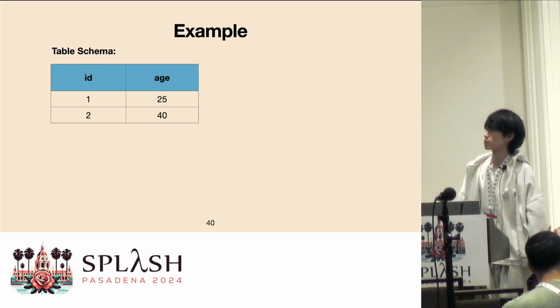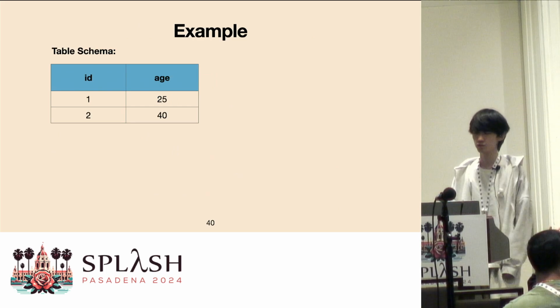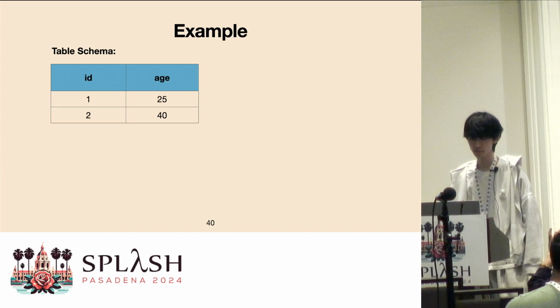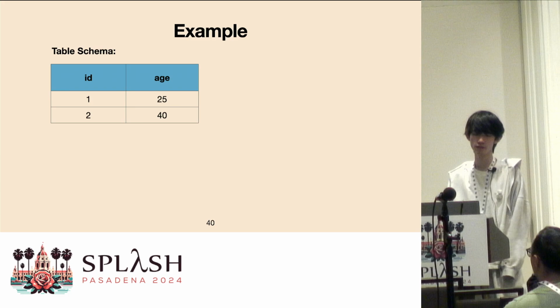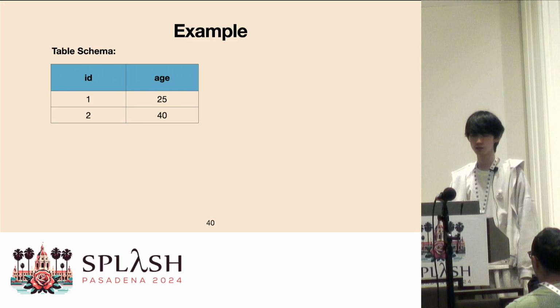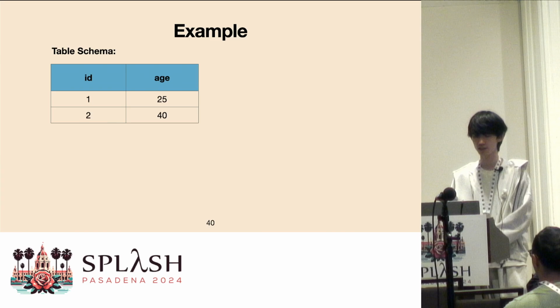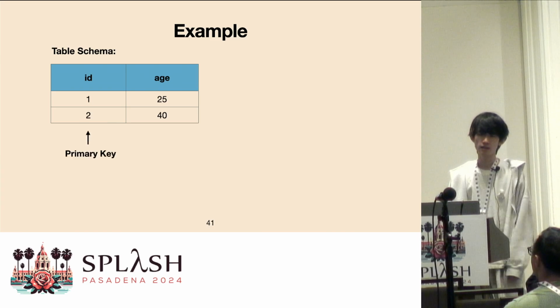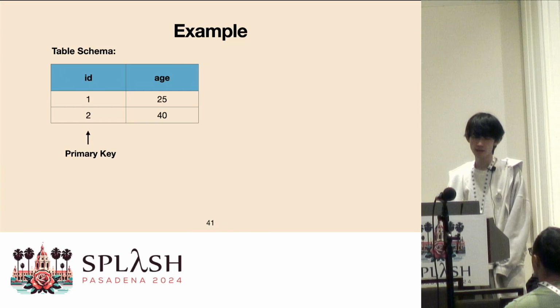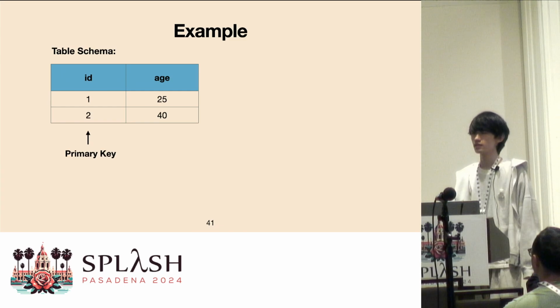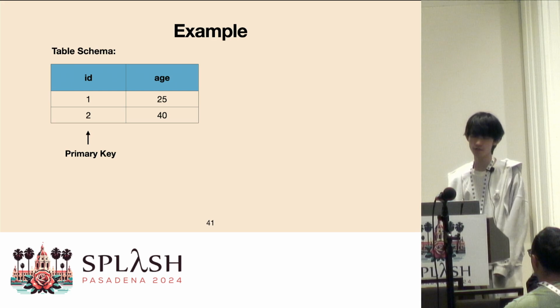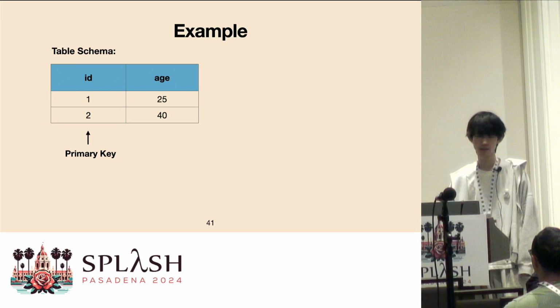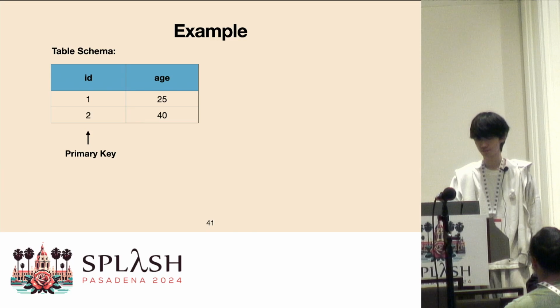Now, let's walk through a simple running example to illustrate how VeriEQL works. Consider this simple schema with an employee table with two columns, ID and age. And there is also an integrity constraint that the ID column is a primary key, which means the value of the ID must be unique and cannot be empty.